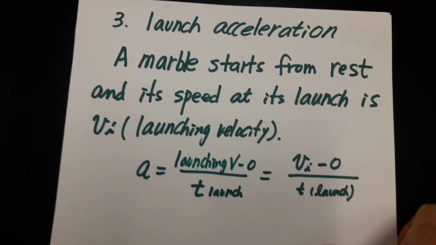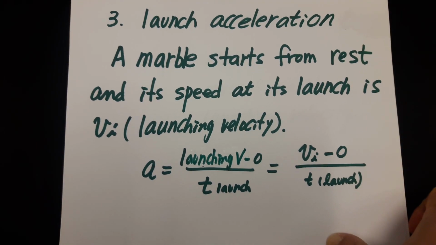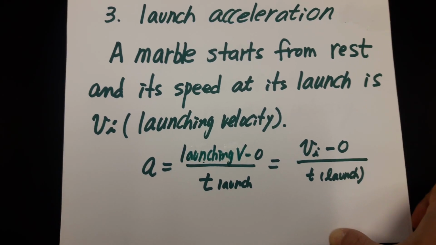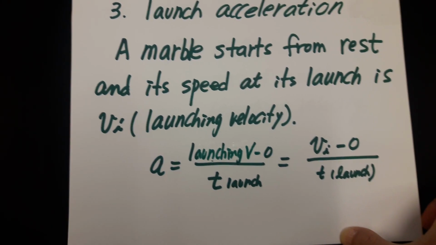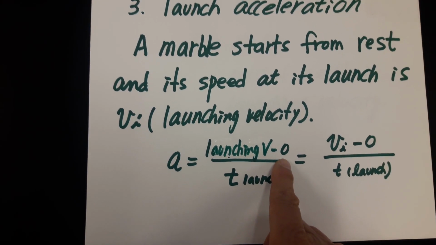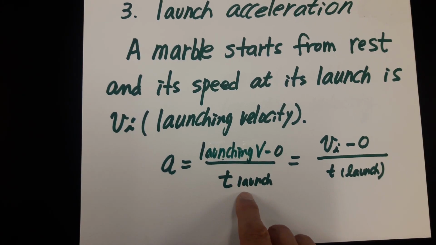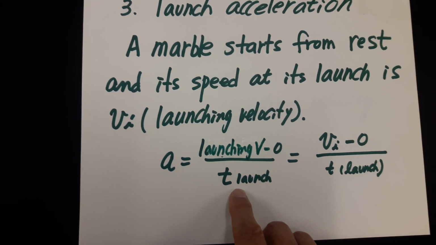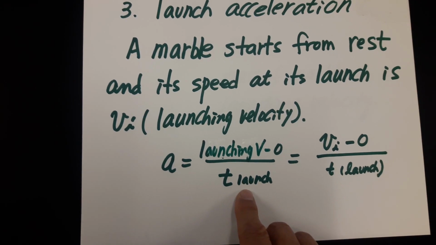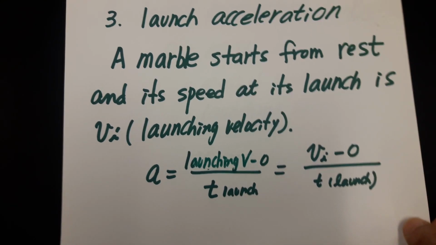Launch acceleration. So a marble starts from rest, and its speed at each launch is launching velocity. So acceleration is launching velocity minus the initial velocity, which is 0, divided by time launch. So this time launch must be measured by you while you are doing experiment.